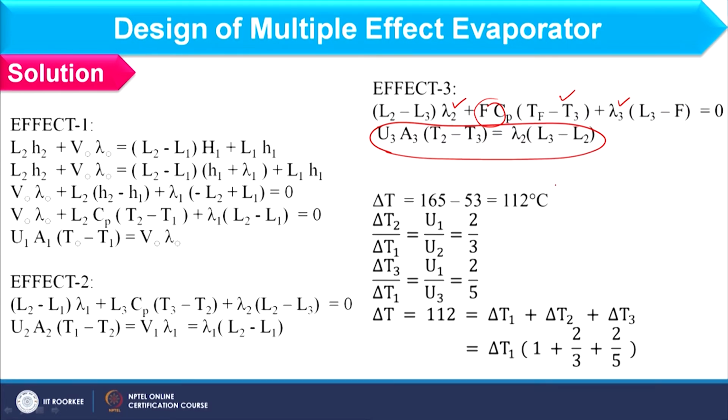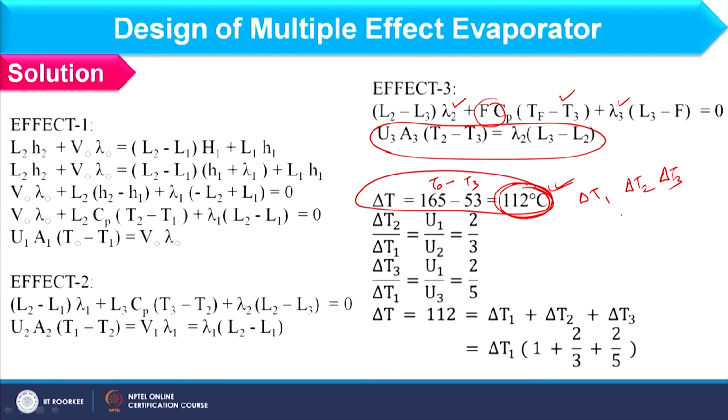To find out temperature difference of each effect, we should consider total driving force which is available in the system, and that should be T naught minus T3, right. So, 165 minus 53 we can consider as 112, and this 112 degrees Celsius is distributed as delta T1, delta T2 and delta T3, right.